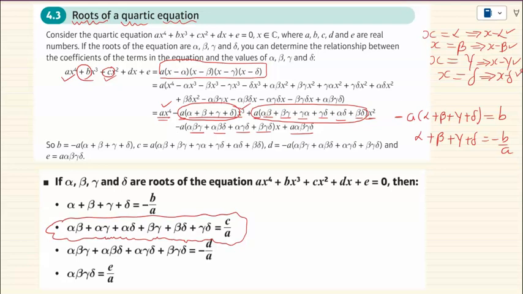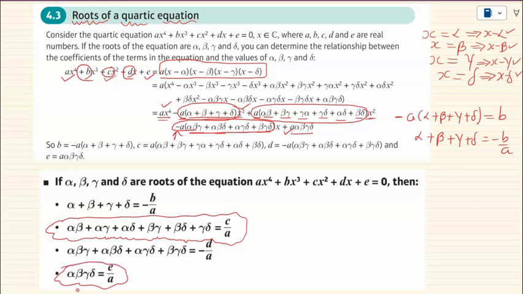Similarly, the third one, we'll compare this one. This is the coefficient of x with a minus sign here, and here it is positive d, so it should be minus d over a. And the last one, this is positive a, and here is plus e. If you compare, alpha beta gamma delta is e over a.